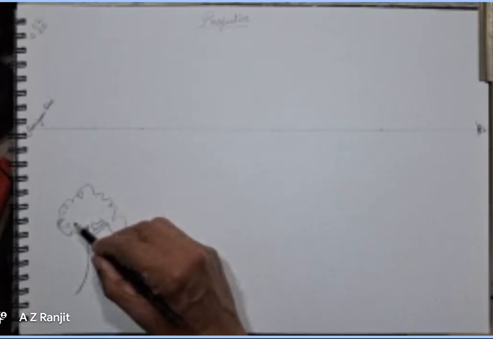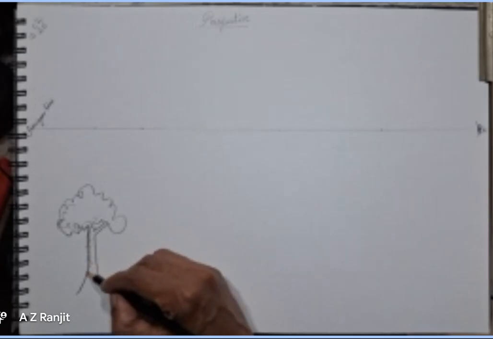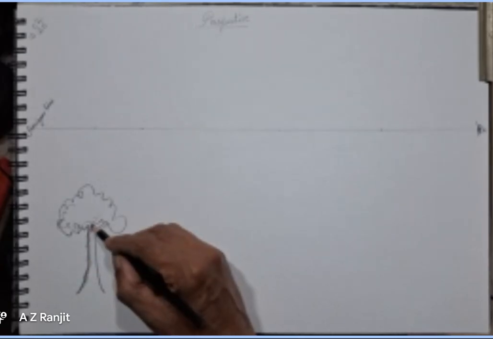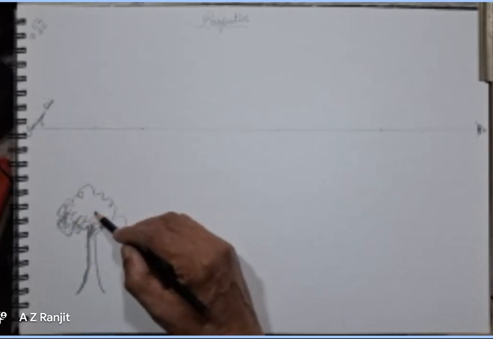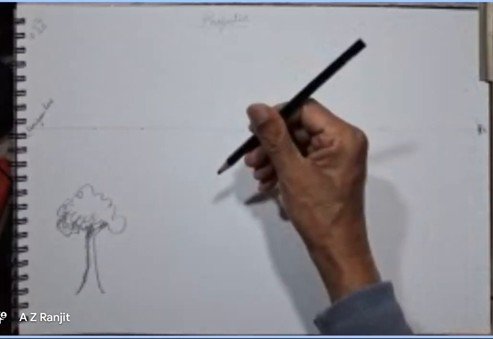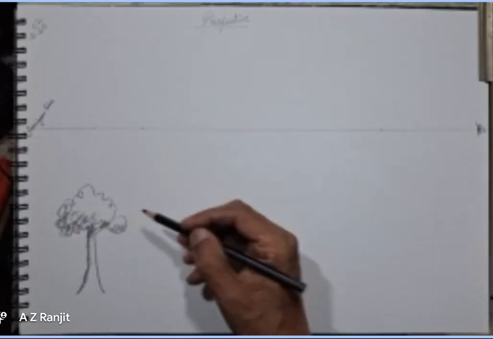So if shadow is coming from here, naturally the light is coming from here, right? So this part will be in shadow, the bottom will be in shadow, the light is coming from here.